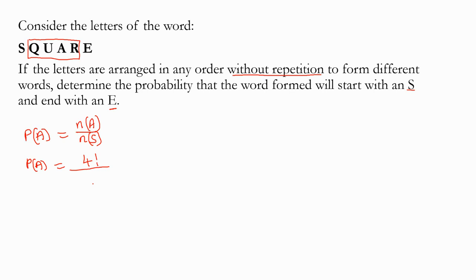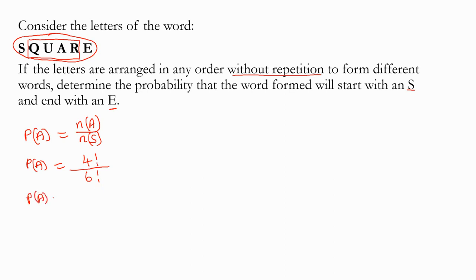All of equally likely possible outcomes, which is coming from all the 6 letters here. The 6 letters. So it's going to be 6 factorial. So probability of A is equal to 4 factorial divided by 6 factorial. And you can use your calculator to find this. Okay, you know how to use your calculator.